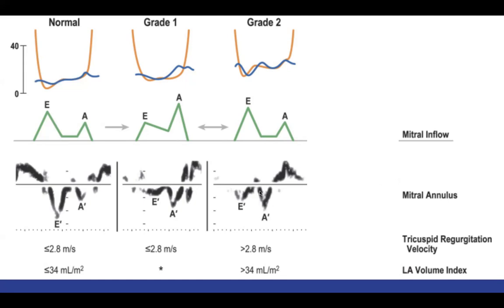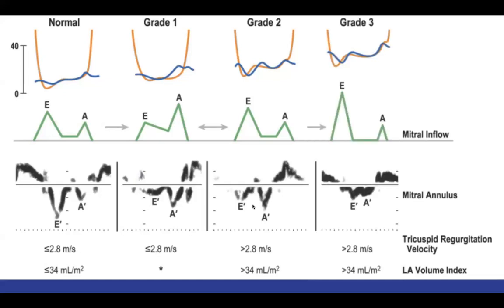This is why the guidelines don't recommend using the Valsalva maneuver to distinguish pseudonormal from normal, because there's a lot of human error involved. But with the mitral annulus, you can easily distinguish normal from abnormal. And finally, grade 3: E velocity is very high, A velocity is very low compared to normal, and the TR velocity is high, and the left atrial volume index is also elevated.